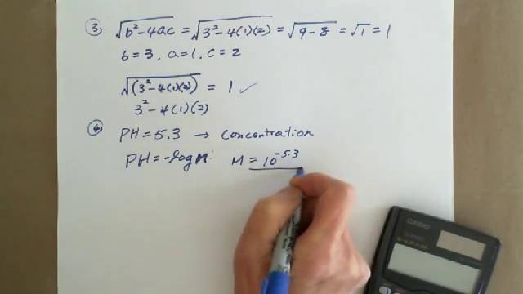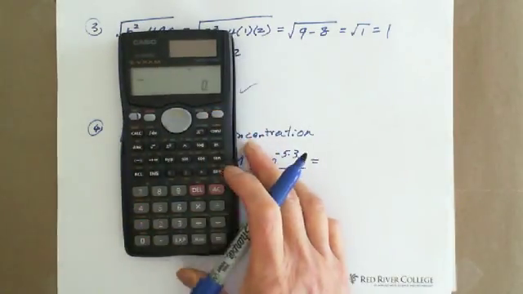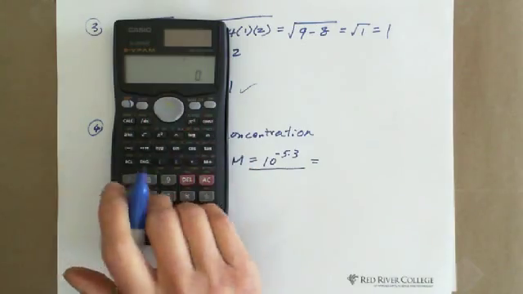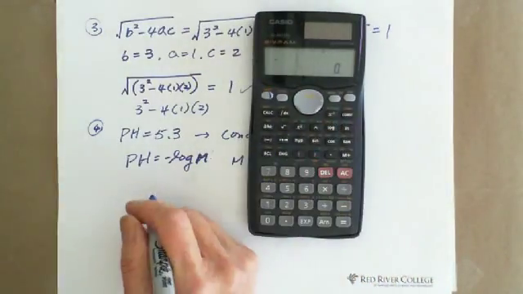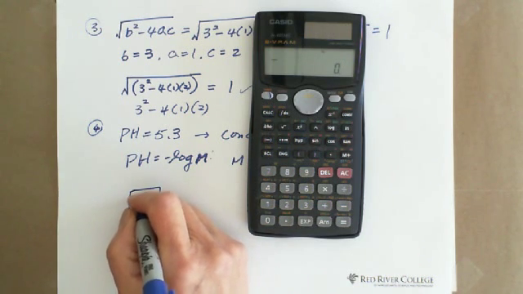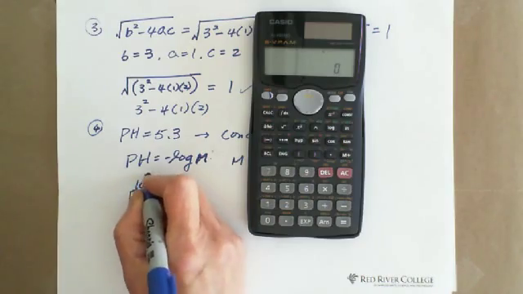When you perform this, you use the button shift log, which is 10 to the x. That button is here. You have log and the 10x.